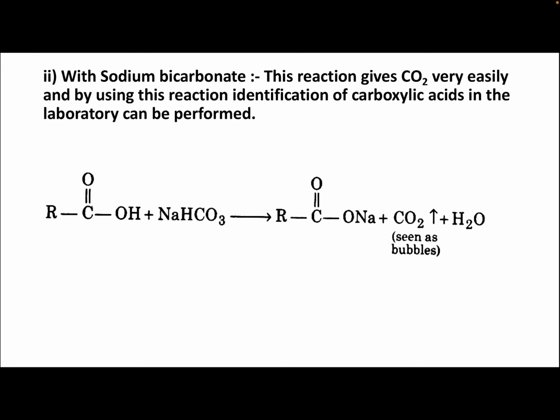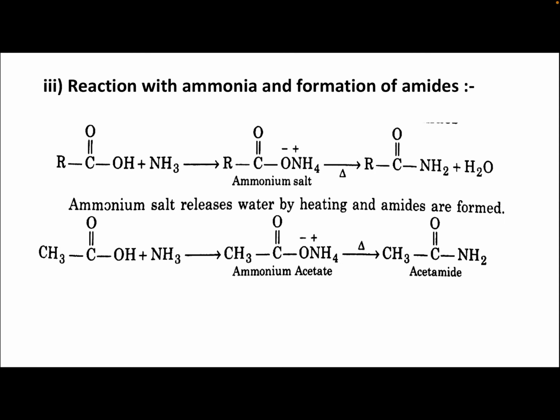So when carboxylic acid reacts with sodium bicarbonate, you get the sodium salt of the acid and carbon dioxide is released, and this carbon dioxide is seen in the form of effervescence. So this test can be used to identify carboxylic acid in the laboratory.